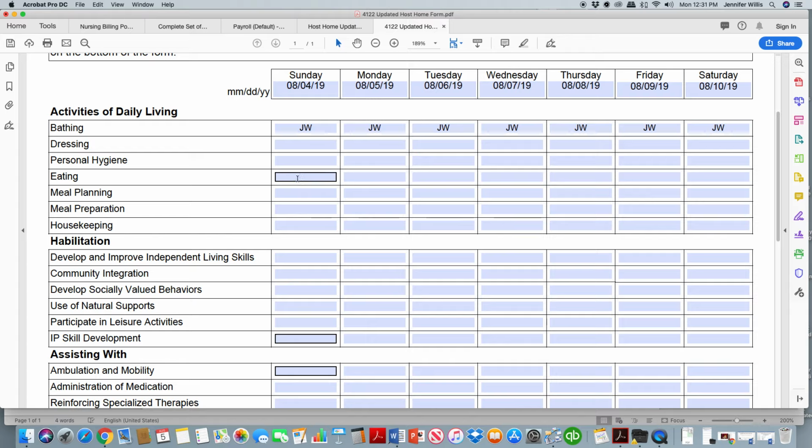But if he can eat by himself independently, then we're not going to put that we assisted with eating. He doesn't need that, and that's just extra work for our host home providers. So maybe we assisted with bathing, and maybe we assisted him with preparing his meals or planning the meals. Then you can put things there, but you don't have to fill every box out.